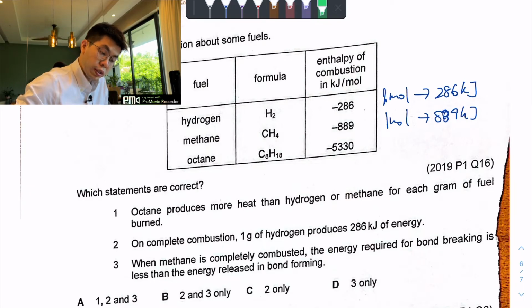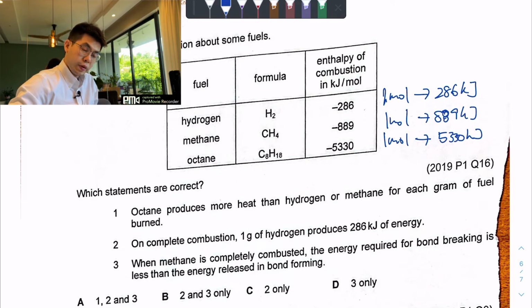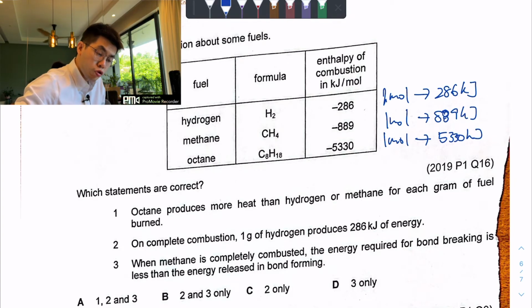Octane produce more heat than hydrogen for each gram of fuel. So what do I need to know is that if 1 mole produces this amount of energy, right? I need to find 1 gram produces how much. So how do I find that out?